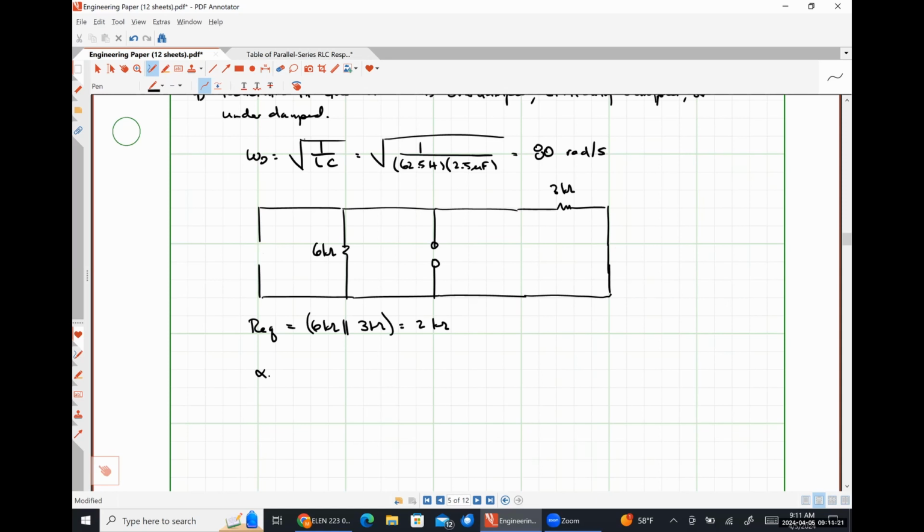So from this, alpha is 1 over twice REQ times C. So that's 1 over 2 times 2 kiloohms times 2.5 microfarads.